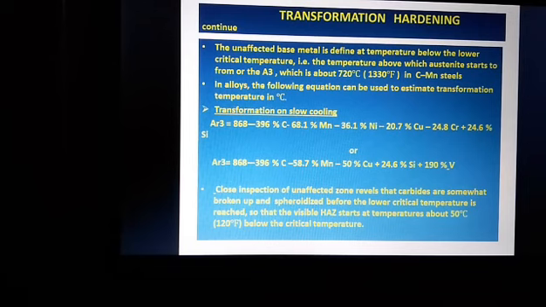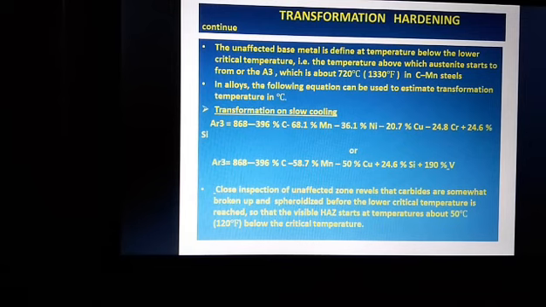The unaffected base metal is defined at temperatures below the lower critical temperature, the temperature at which austenite starts to form, A1, which is about 720 degrees centigrade in carbon manganese steel. In alloy steels, the following equation can be used to estimate the transformation temperature in centigrade.